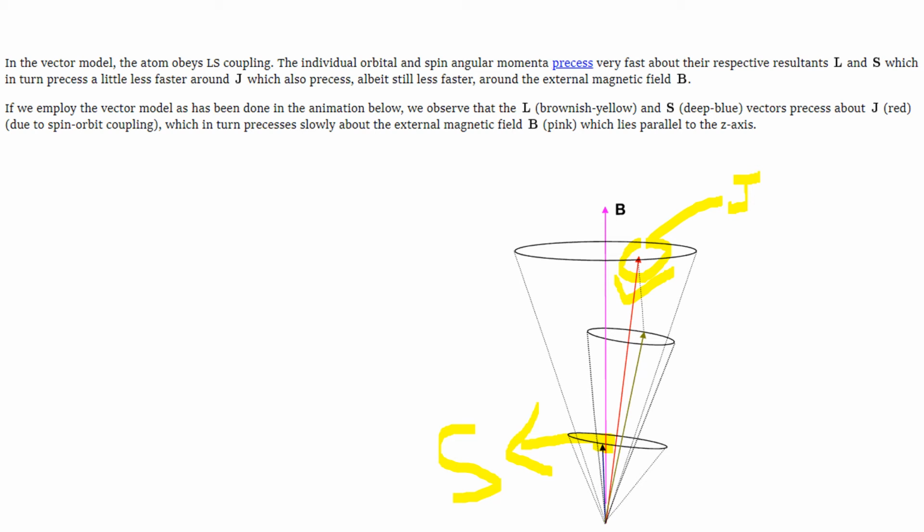The magnetic field we show in pink. Now we are showing here the individual orbit and spin angular momentum precessing about L and S. In turn, this precesses a little less fast around J, which also precesses still less fast around the external magnetic field B. So everything is moving.